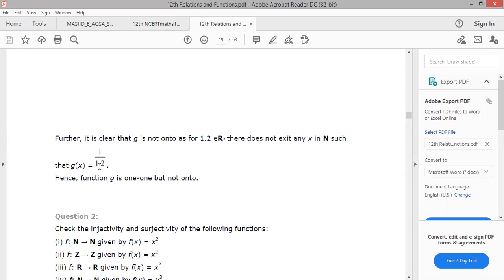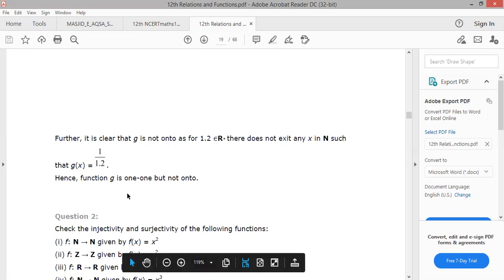Is 1 by 1.2 mapped to any element in the domain? No, because 1 by 1.2 should have been mapped, as per the function, to 1.2, but 1.2 is not a natural number. So we say that it is not onto, but it is one-one.